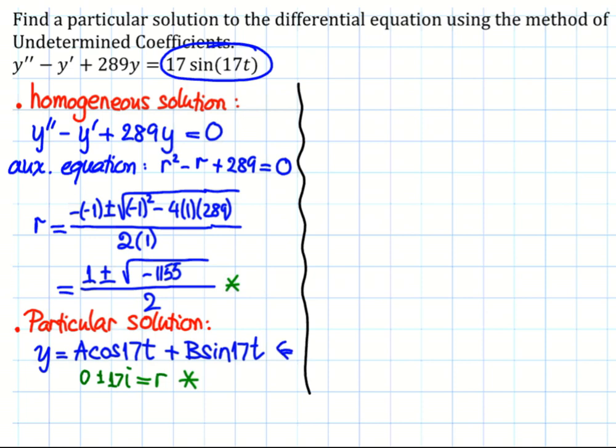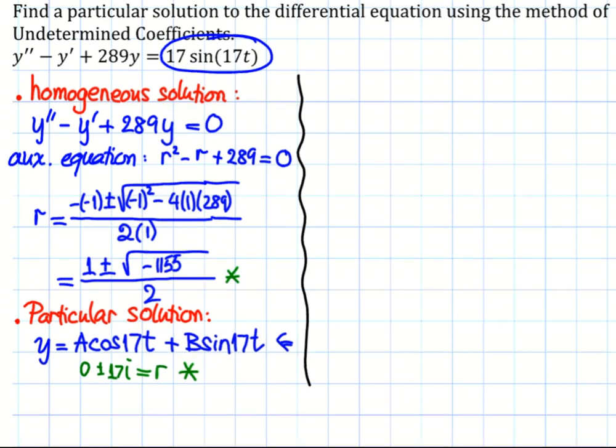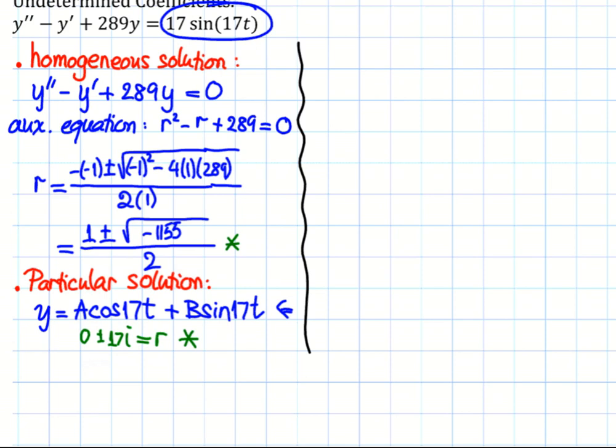So this is the function. Now we will take the derivative. The derivative is going to be negative 17a sine of 17t plus 17b cosine of 17t.